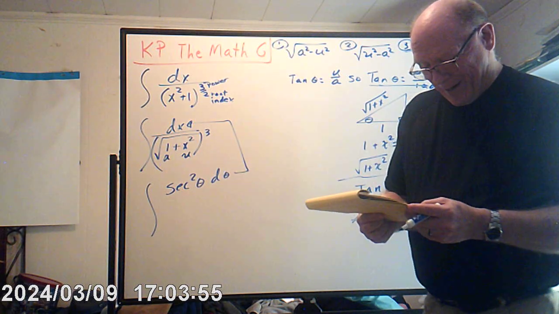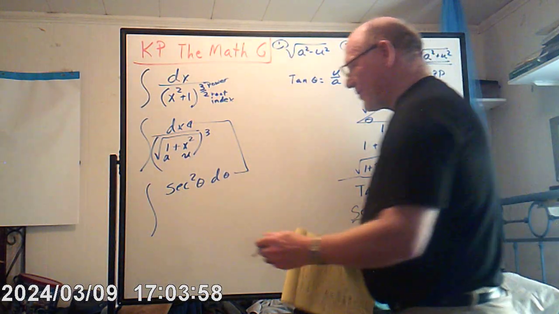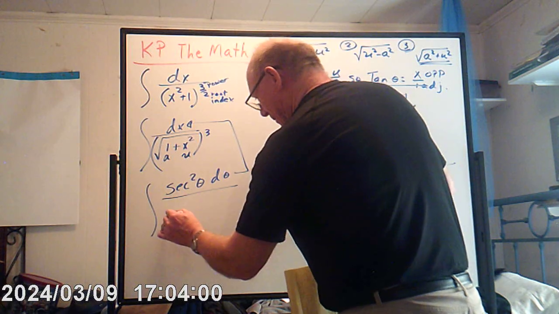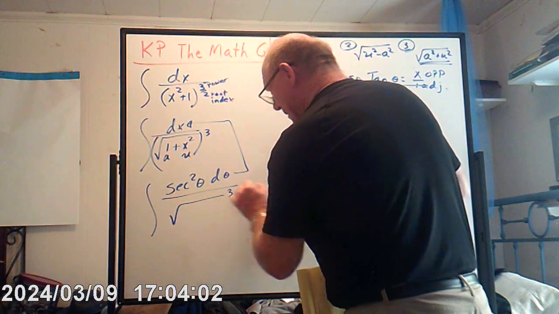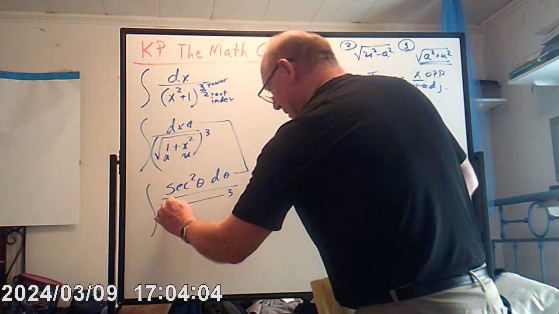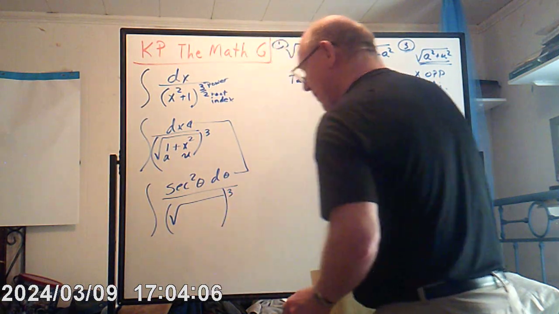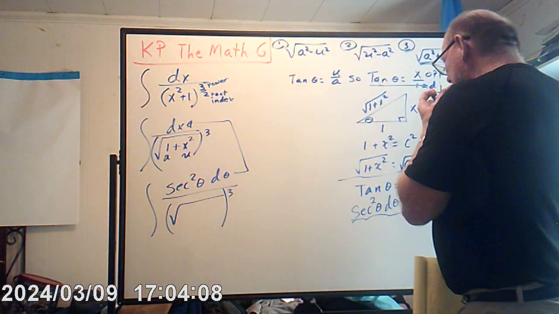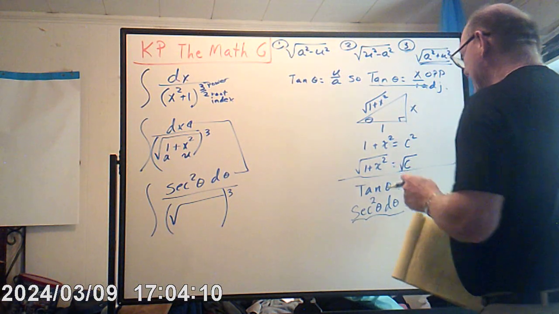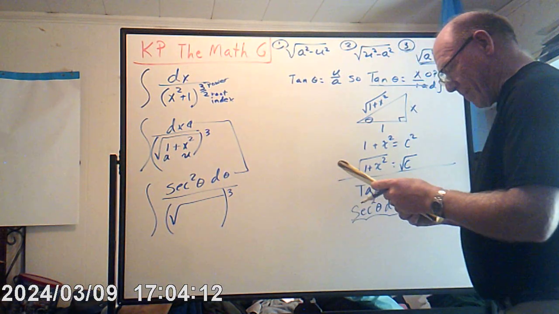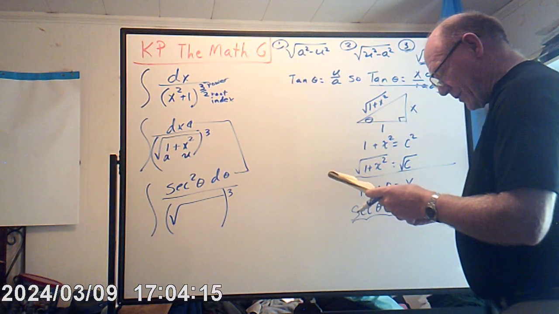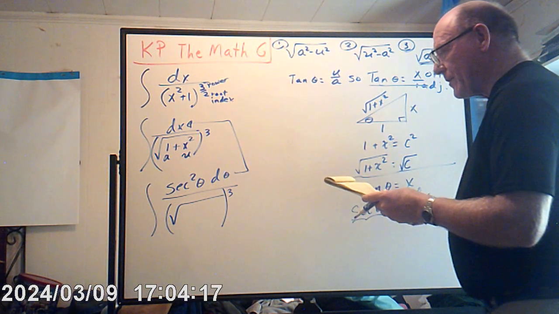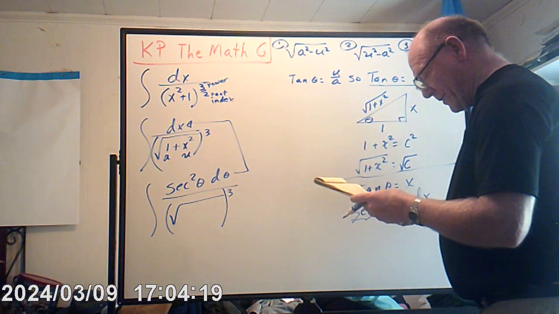Now we have something over here that is cubed, isn't it? So we're cubing this, and we're going to put in what we've got here, in place of x.